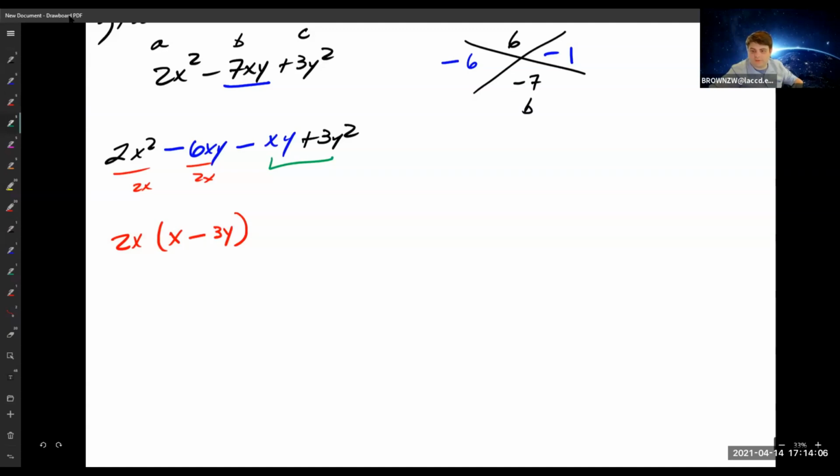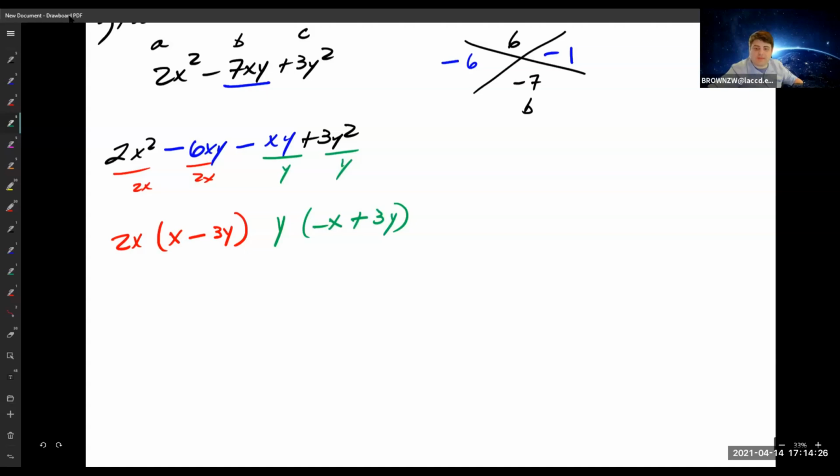And then if we look to see what these both have in common on the second term, they both have a y on them. So if we divide these each by a y, that's going to give me negative x plus 3y.